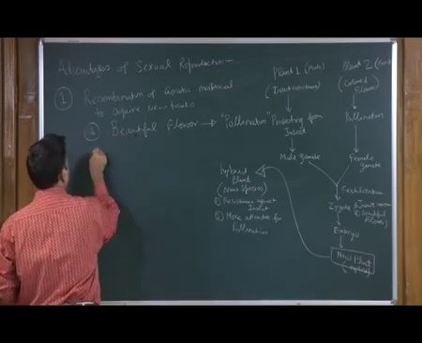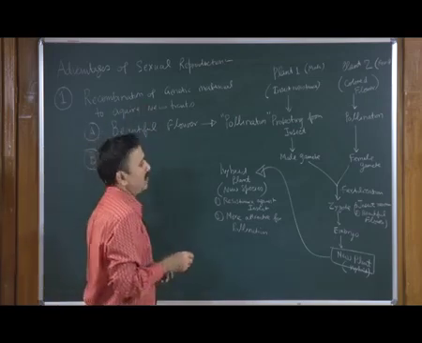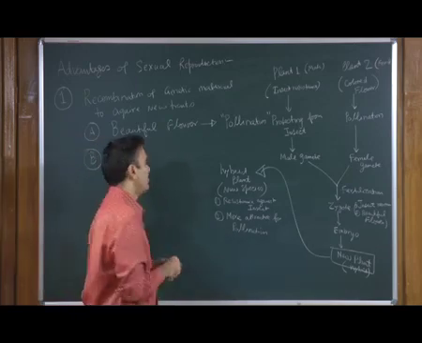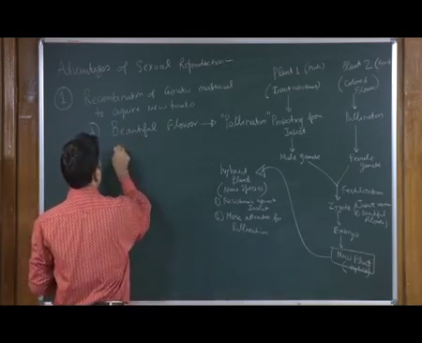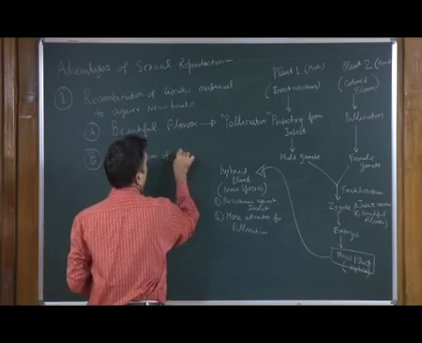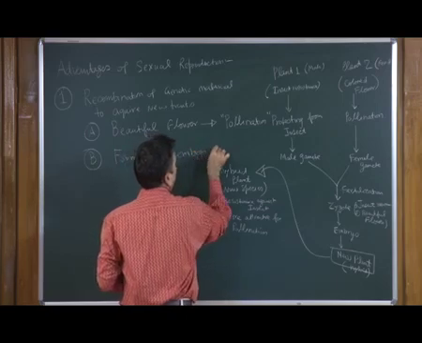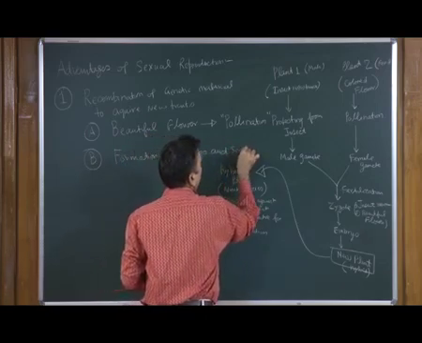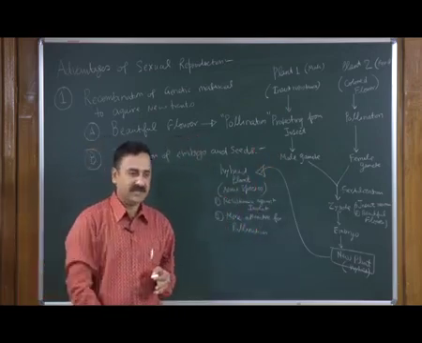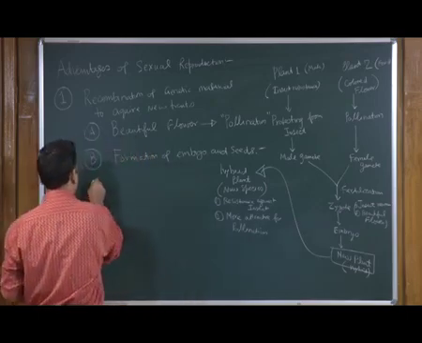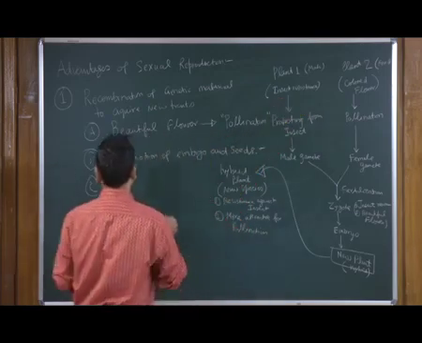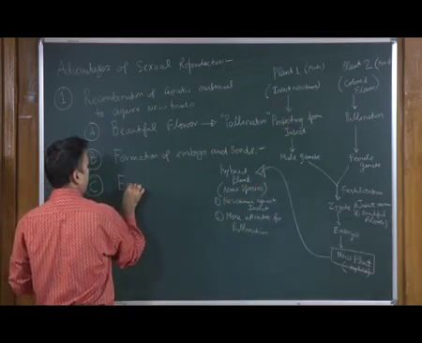Number two, since we are talking about new traits, they can also be traits that help in the formation of embryos and seeds, and embryos which have a higher level of viability. Then number three, we have already discussed a case of insect resistance, but it could be resistance against any kind of environmental factor.